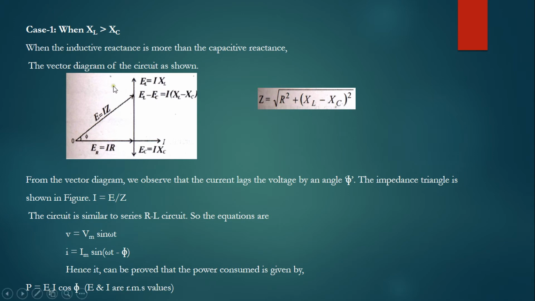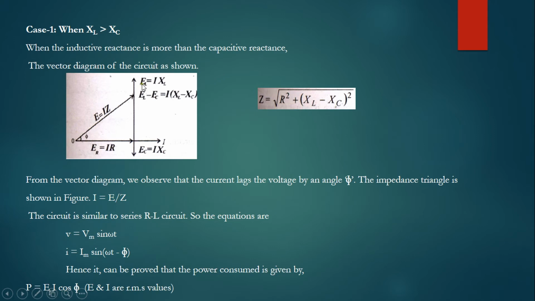See the voltage triangle here. This is ER equal to I into R, the voltage drop across resistance as usual. The current I is taken as reference, and the voltage is in phase with the current for resistance, no problem at all. Since XL is greater than XC, XC is minimal when compared to XL.